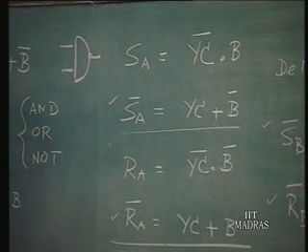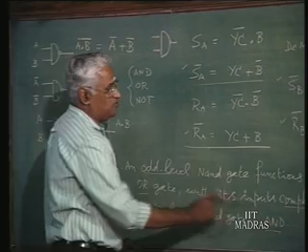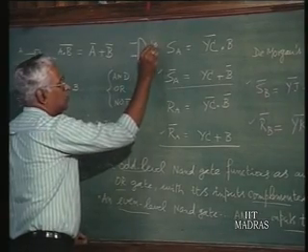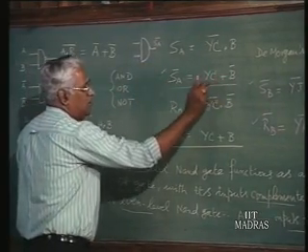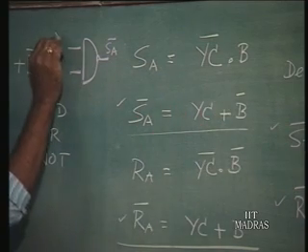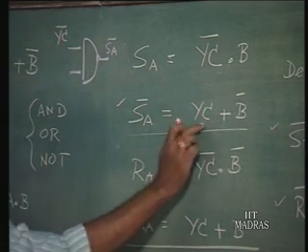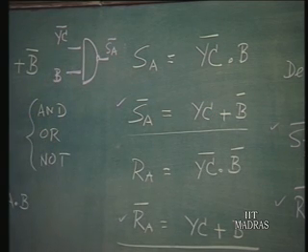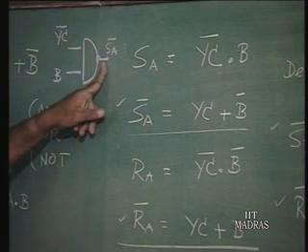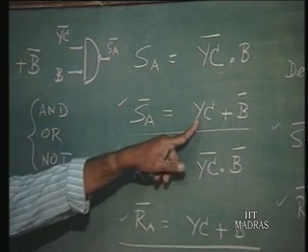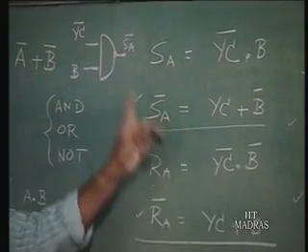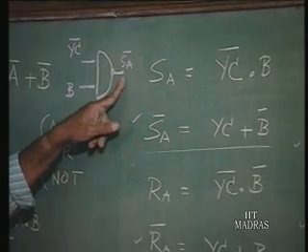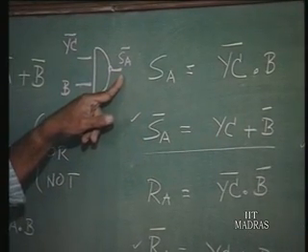What does it say? An odd level NAND gate works as an OR gate with its inputs complemented. So, if you want SA bar as the output, its inputs must be complemented, which means the input for this is YC bar, and the other input B bar you complement, it will be B. So, just one NAND gate is enough to implement this function, that is the output SA bar, which is YC or B bar. The rule says complement the inputs.